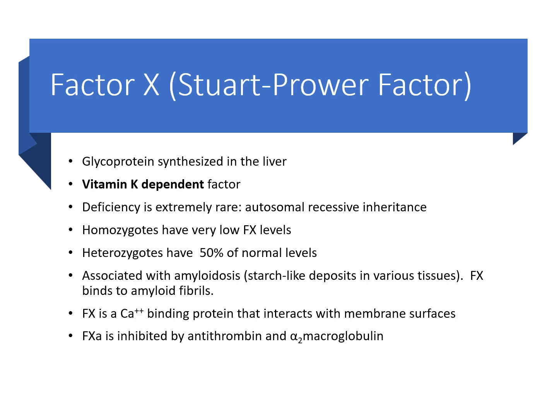Factor 10 is a calcium binding protein that interacts with membrane surfaces. Activated factor 10 is inhibited by antithrombin and alpha 2 macroglobulin. So remember I said early on in these lectures that inhibitors could be good and bad. When we see things like inhibition of factor activity due to factor inhibitors, that's not good.